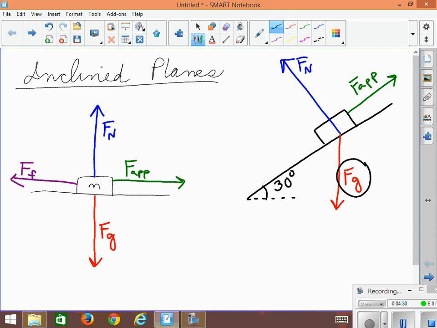It's pulling downward, which means that some of it is pulling along this line here, down the hill. That's what makes things slide down hills. It's just gravity. Even if you let go of it and don't touch it, if the hill is steep enough, things will automatically slide down, because some of this gravity, this red line, is pulling down the hill, and some of it is pulling into the hill.